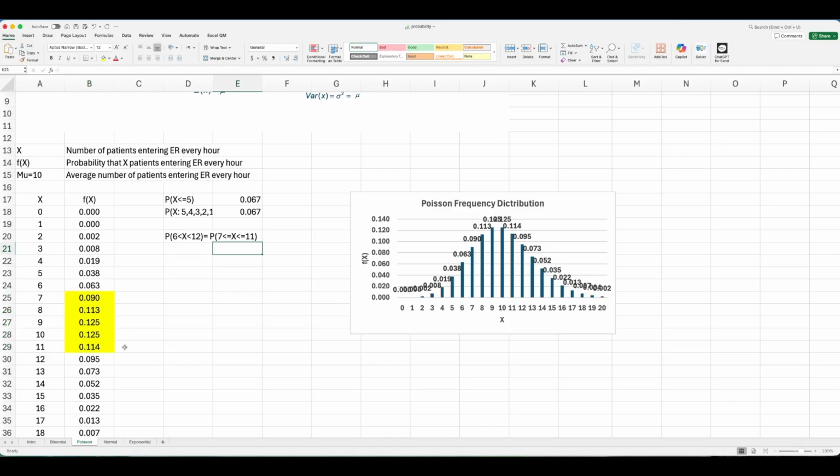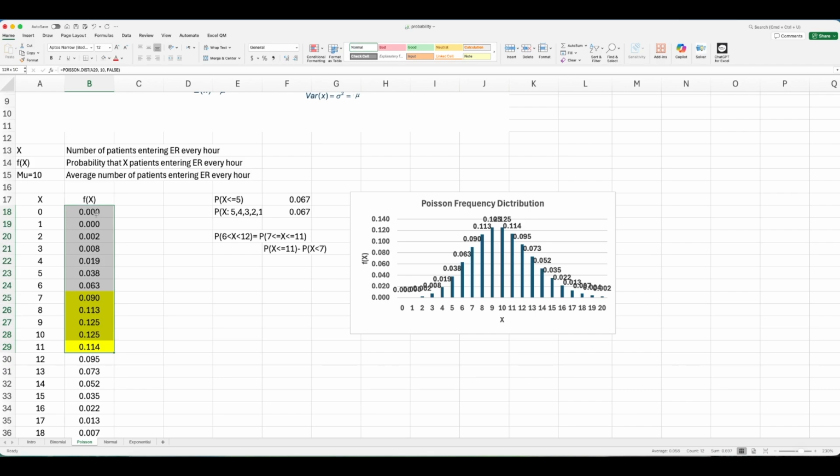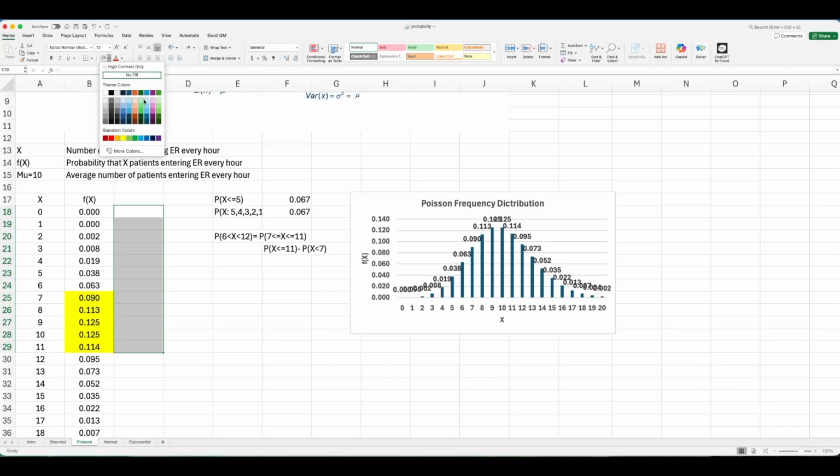If I want to calculate this, either I get a summation over these numbers or use a general rule. For the general rule, we basically subtract these numbers from this number. So I can rewrite this as the probability of X being less than or equal to 11 minus the probability of X being less than 7. I'm going to highlight the cells on the right just as a representation.